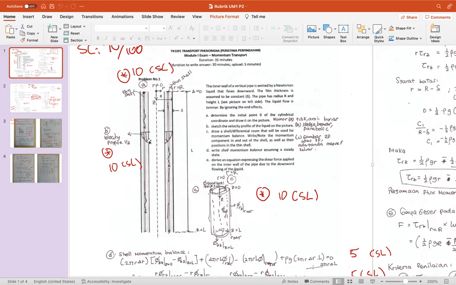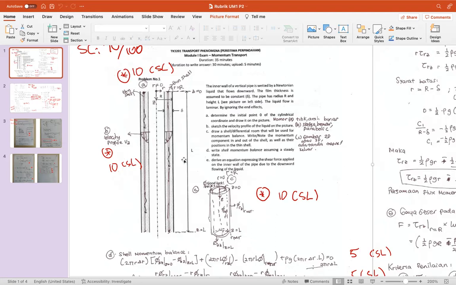It's a parabolic profile, with the positive direction in the z direction. So here you have to have a good sketch, sketsa yang benar, parabolic, and the direction with respect to positive z. That's number 2. This is 10 points.